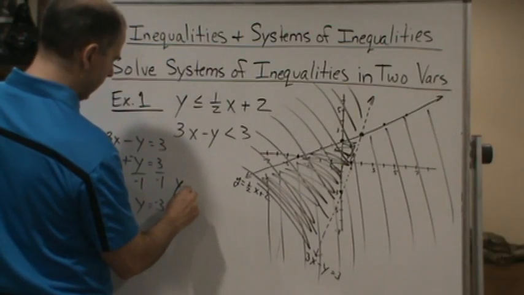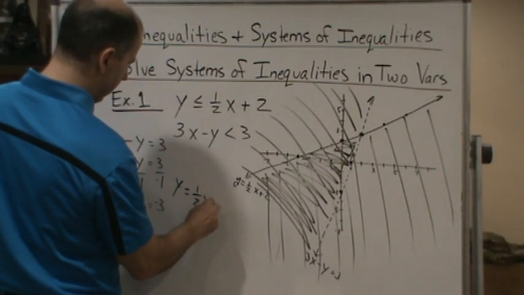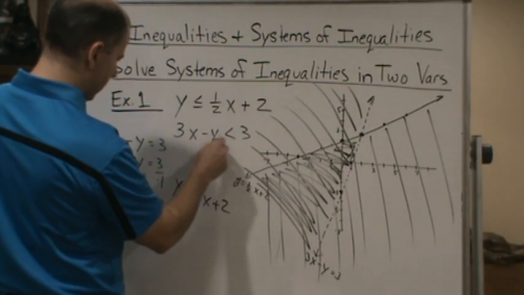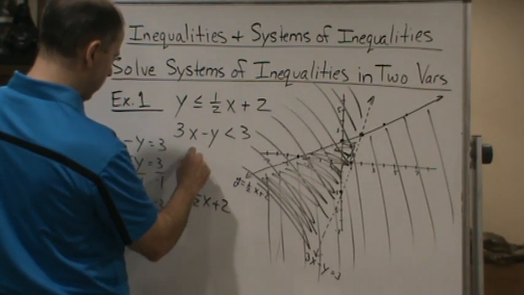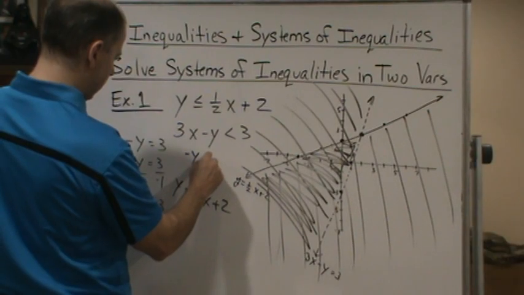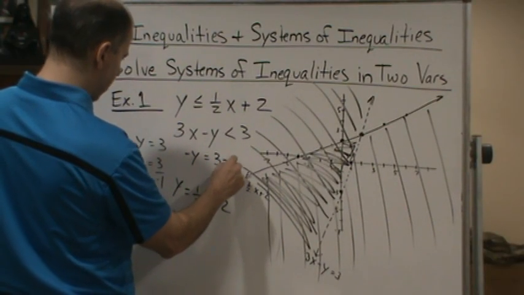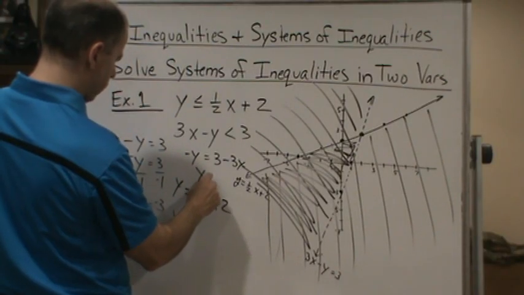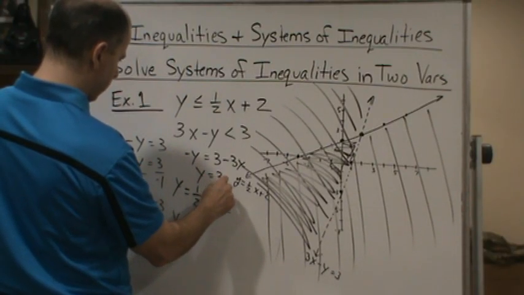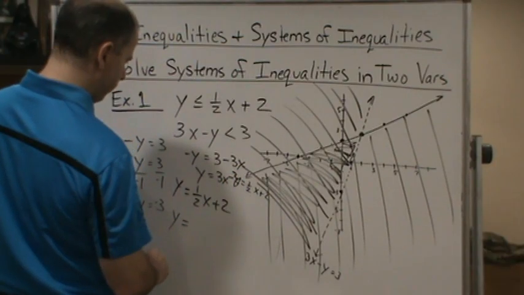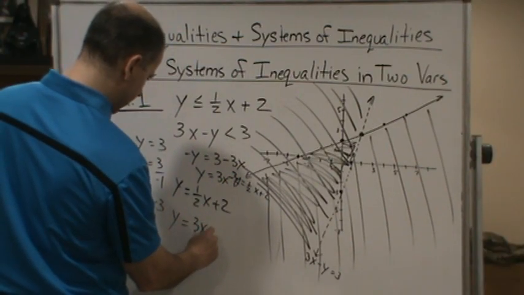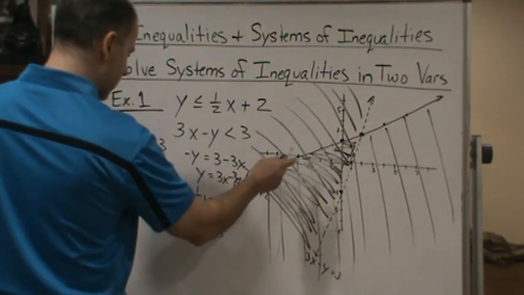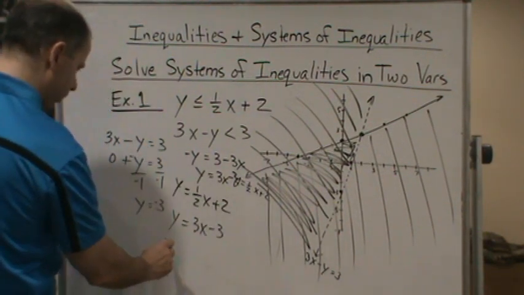We take y equals 1/2 x plus 2, and solve for y in the other equation. This is negative y equals 3 minus 3x, and then we multiply everything by negative 1, which gives us y equals 3x minus 3. Now to find the intersection point, we set these two equal to each other.